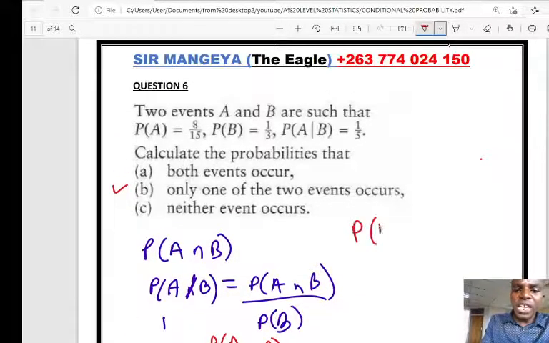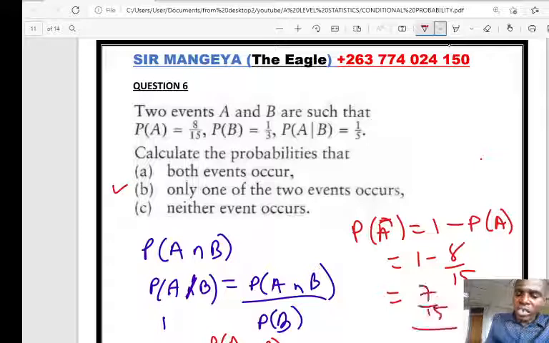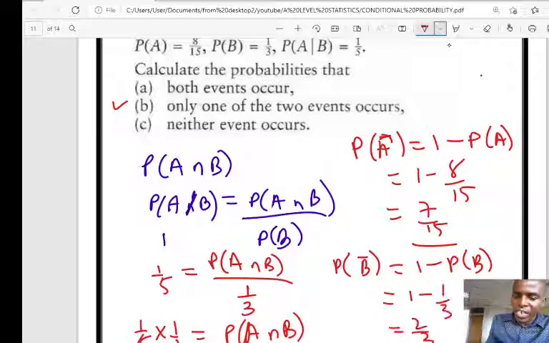Probability of not A is equal to 1 minus probability of A, which is 1 minus 8 over 15, which is 7 over 15. Probability of not B is 1 minus probability of B, which is 1 minus 1/3, which is 2 over 3.